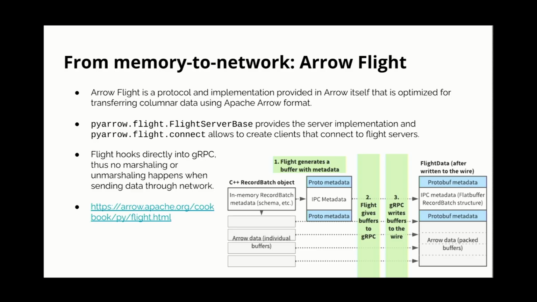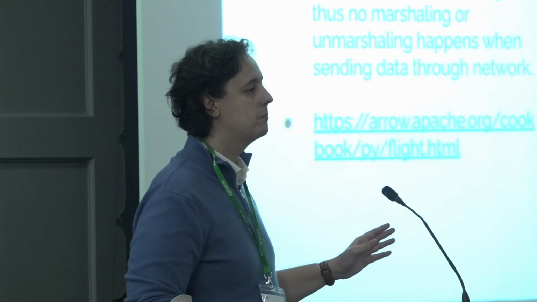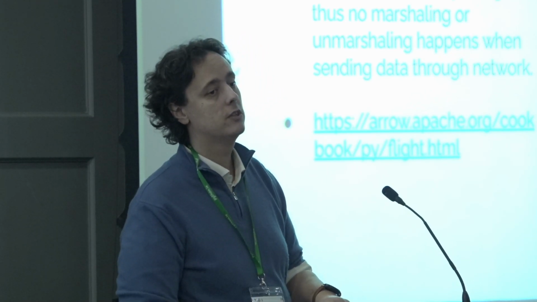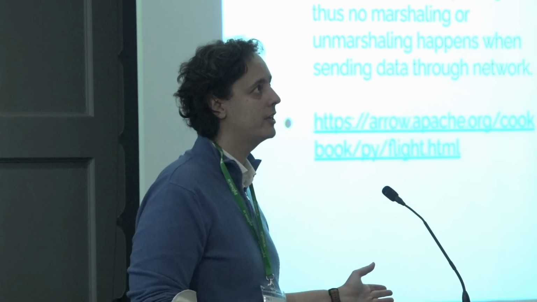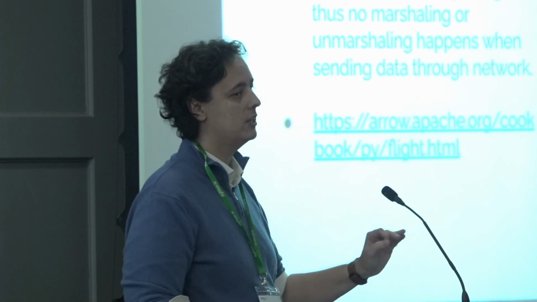In practice, Flight is built on top of gRPC, but it has no marshalling cost. So it does not convert the data to gRPC. The data is shipped exactly as it is.